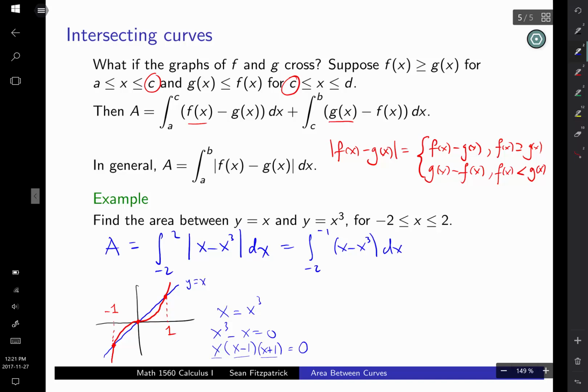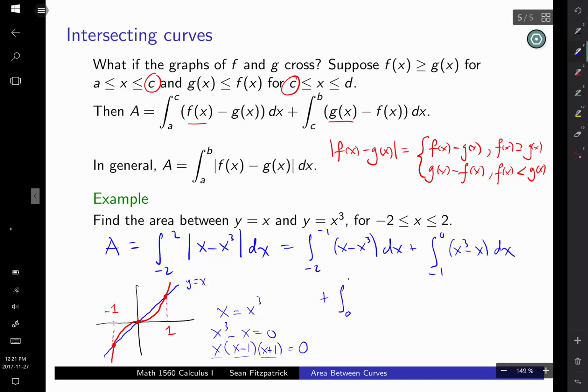Between -1 and 0, now notice that the red curve is on top. The cube function is on top. So from -1 to 0, the cubic function is on top. So I've got to do x cubed minus x. And then from 0 to 1, well, now the straight line is on top again. y equals x is on top again.